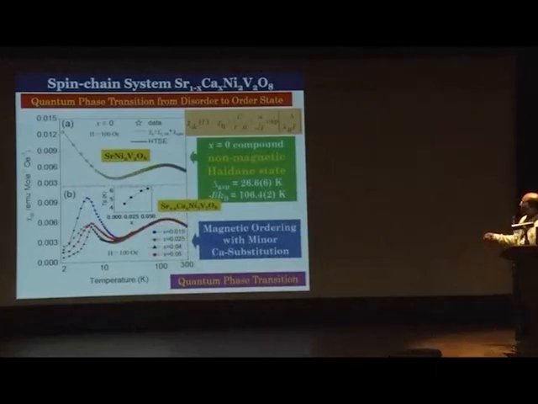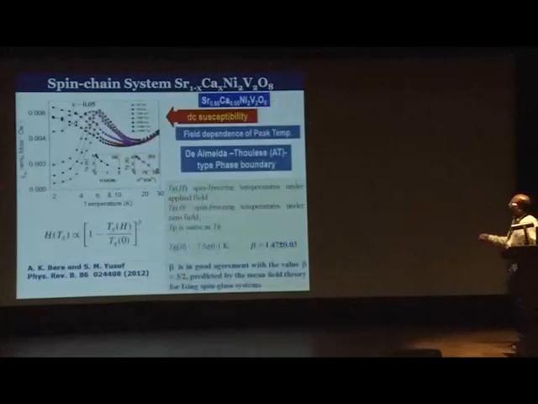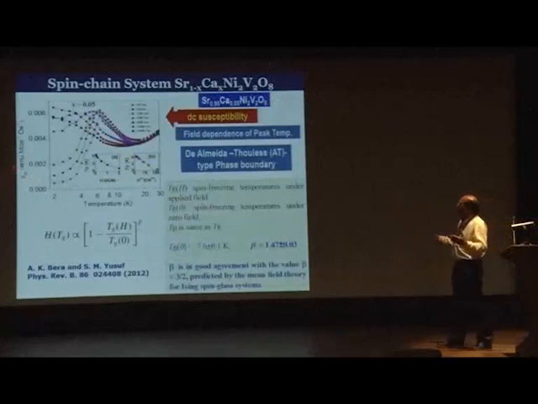So that means here the magnetic ordering is taking place due to this calcium substitution, from the spin liquid state to this magnetic ordered state. This is the magnetic phase transition temperature. And this is the DC susceptibility as a function of temperature for a particular composition of 0.05 with different magnetic fields.